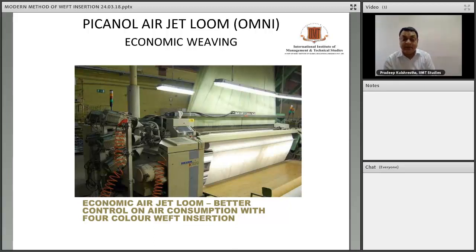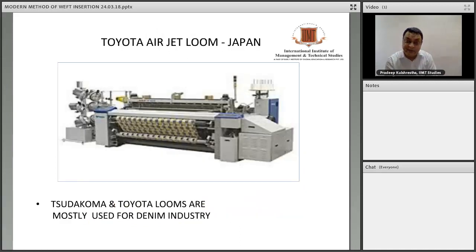Now air will come only as and when required in a particular mechanism. There is no wastage. So suppose Tsudakoma was taking 35 cfm, it is taking only 20 cfm. Initial investment in terms of money is more, but over a longer time of use it is very economical as compared to Tsudakoma.